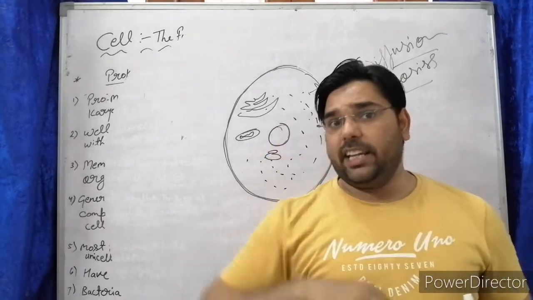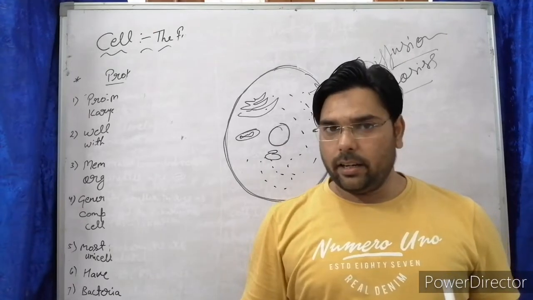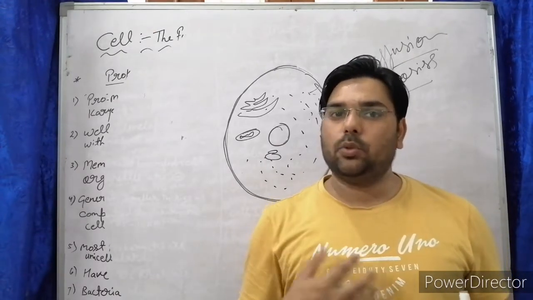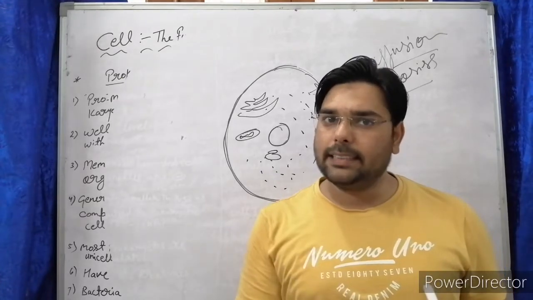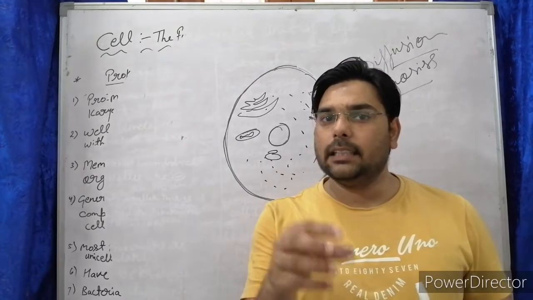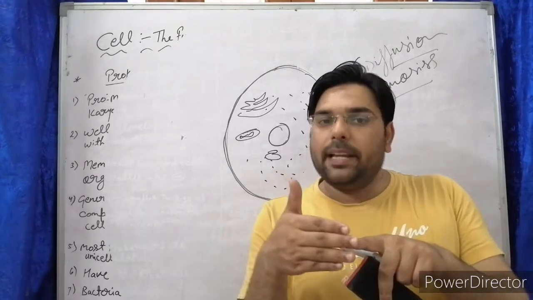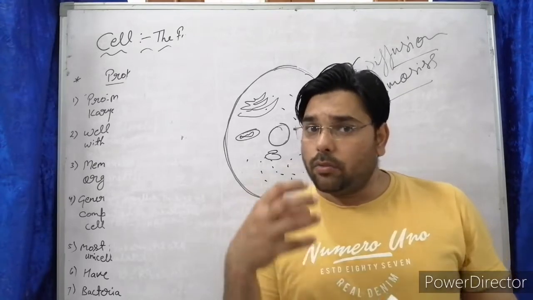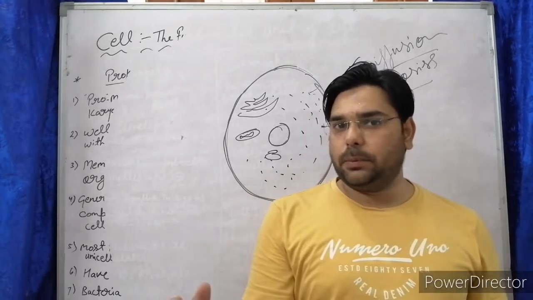Like if we inhale air into our body, it goes through the trachea and through the bronchi and then the alveolar sac in the lungs. There, some blood capillaries are attached to the alveolar sac. Now there the gaseous exchange takes place.